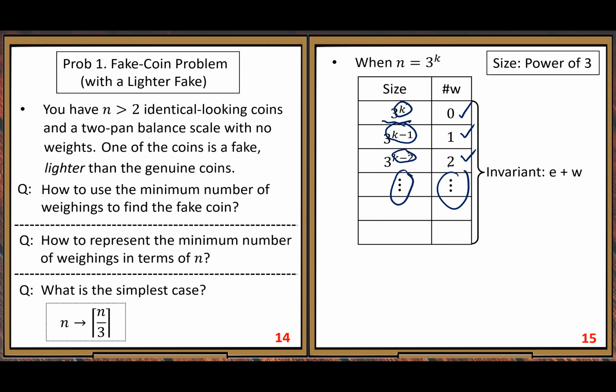But after we know that invariant, E plus W equals K, now I ask you, if dot, dot, dot in some row, this number is 16, what is the corresponding exponent number? 16. The exponent, what is it? Do not look at the base 3. Only tell me the exponent number.